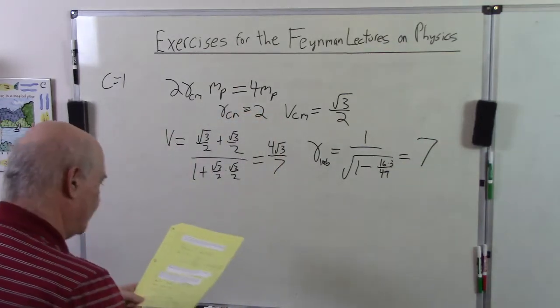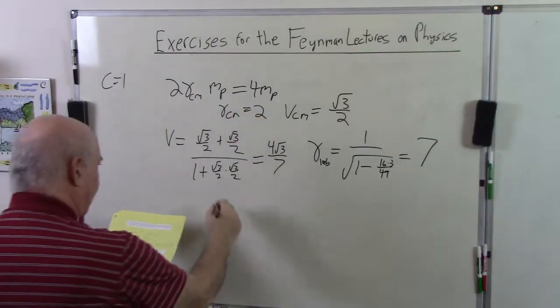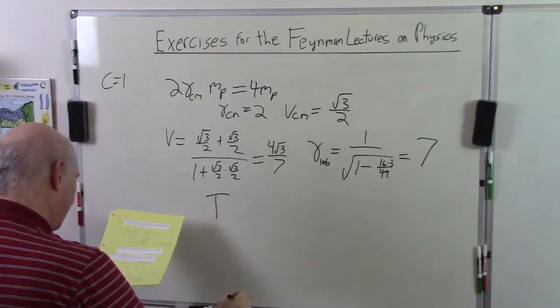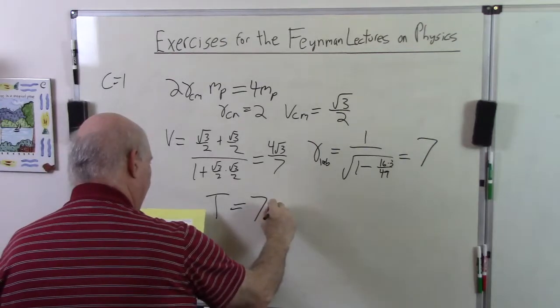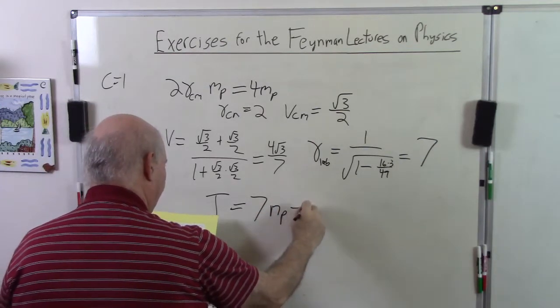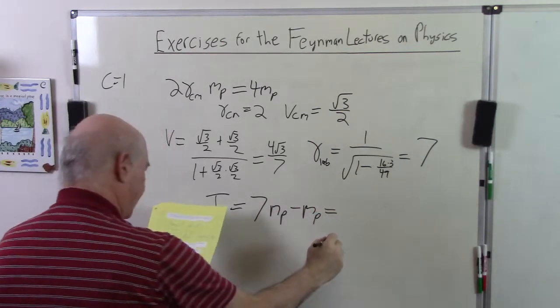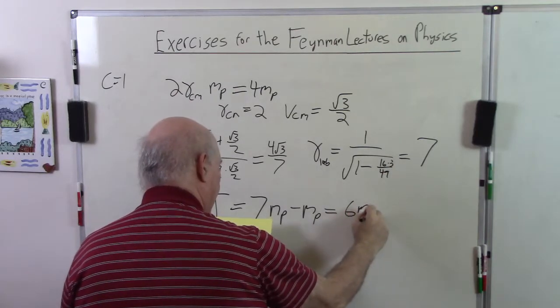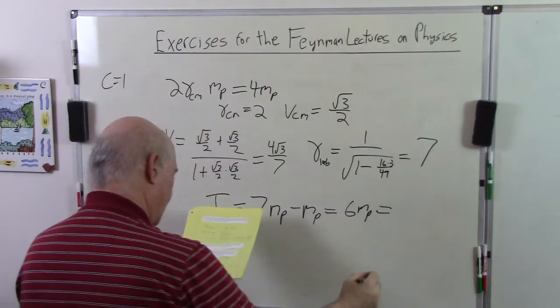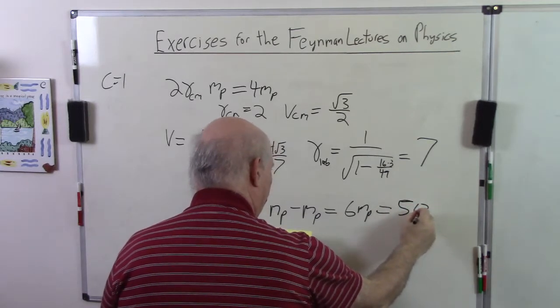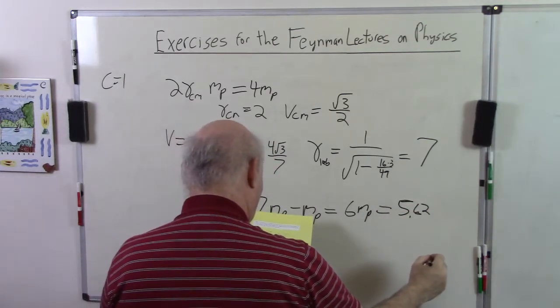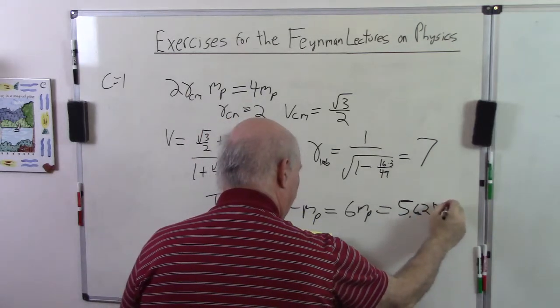So the kinetic energy, T, is equal to 7 mp minus mp equals 6 mp. That equals 5.628 GeV.